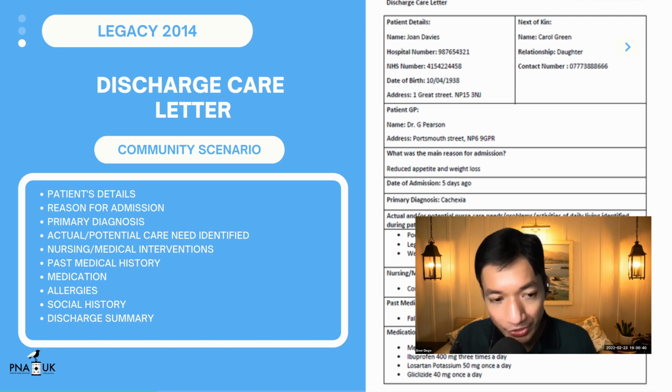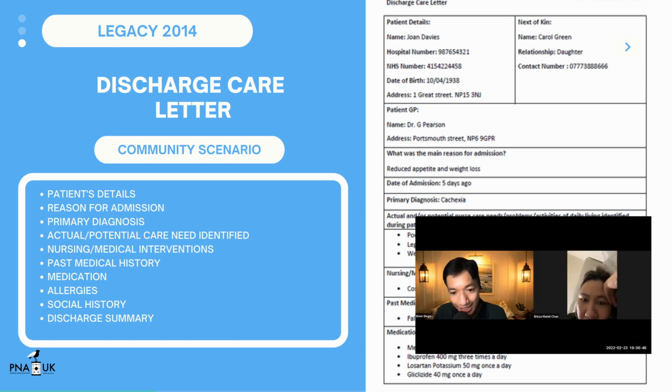I'll give you a tip for this document. Can you see the medication part? Take note of that because most likely you will see these medications again once you go to implementation station. Okay, so that is one of my tips when reading the discharge letter. So Emmer, how will we know what document we are dealing with in an examination?